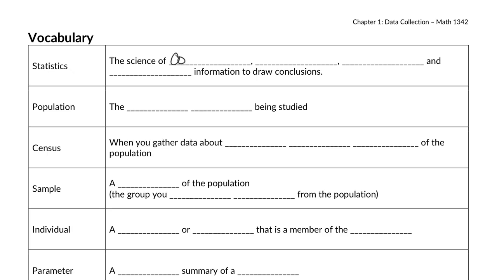Statistics is the science of collecting, organizing, summarizing, and analyzing information to draw conclusions, which kind of gives us the four main units of study: collecting data, organizing it, summarizing it, and deciding how reliable it is, analyzing.